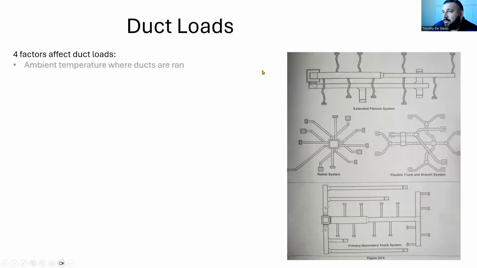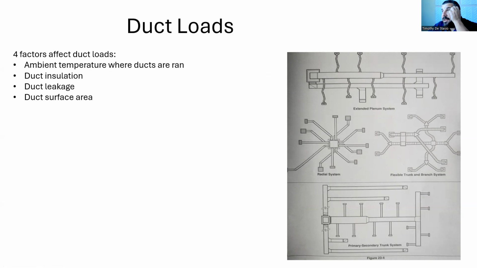All right, duct loads. These are affected by things like ambient temperature, what kind of insulation is on the ductwork, and if the ductwork leaks. So you've got to pay attention to the ducts when you do a site visit. Things like duct surface area do have a minor effect, because high aspect ratio rectangular ducts that are really flat have more surface area, so technically they would conduct more heat than round duct.